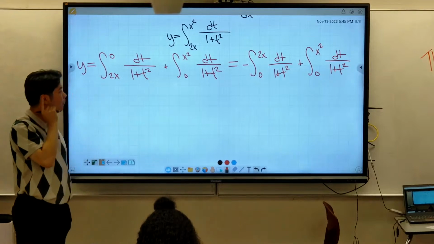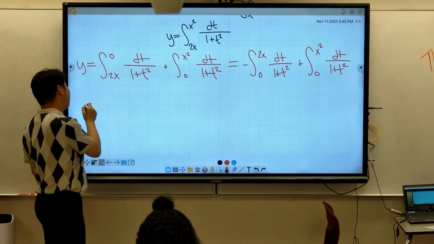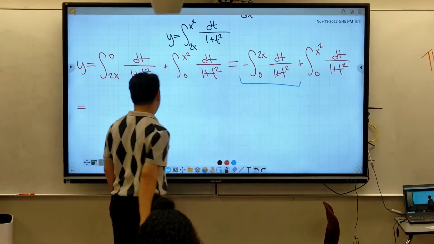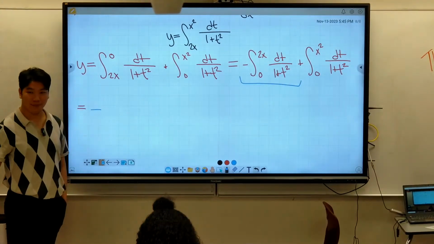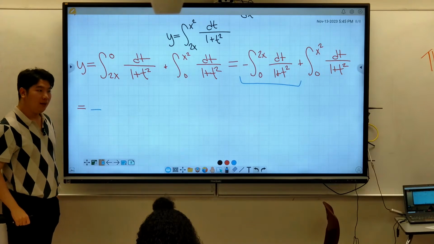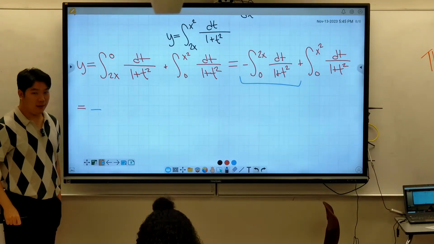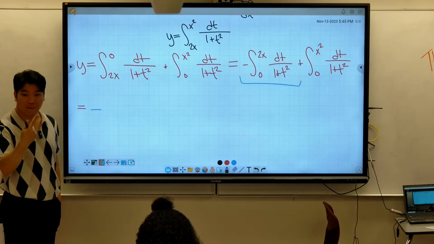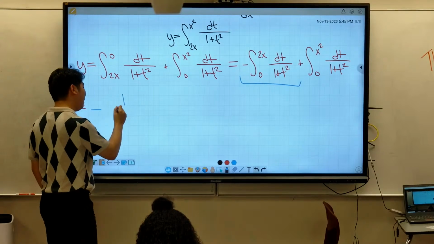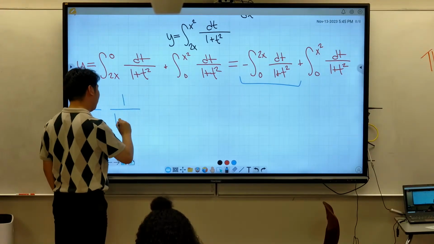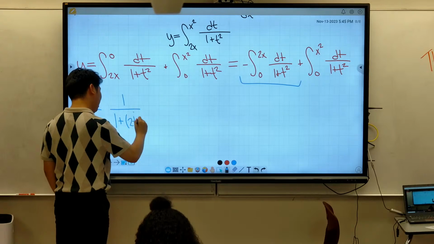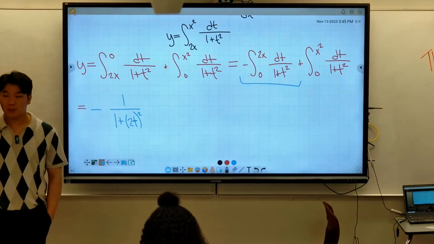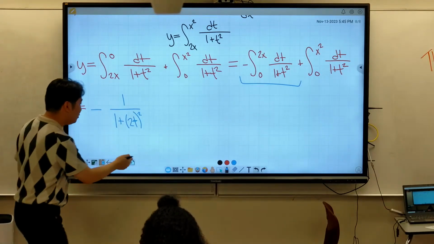Let's work with the first integral. First off, I have a negative. And the fundamental theorem of calculus tells me I can start off by plugging in 2x for t. So I get 1 over 1 plus 2x squared. But the chain rule says I have to multiply by the derivative.